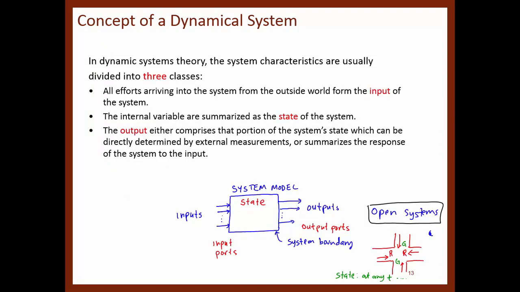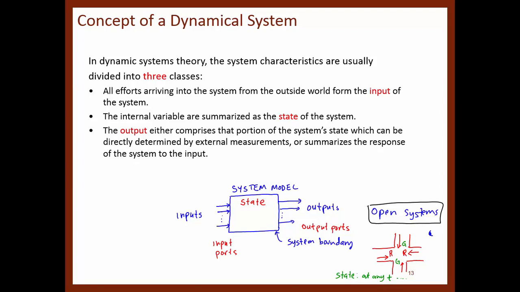In dynamic systems theory, the system characteristics are usually divided into 3 classes. And this is very important. The 3 classes are the following: the input of the system, the internal variable that summarizes the state of the system, and the output.